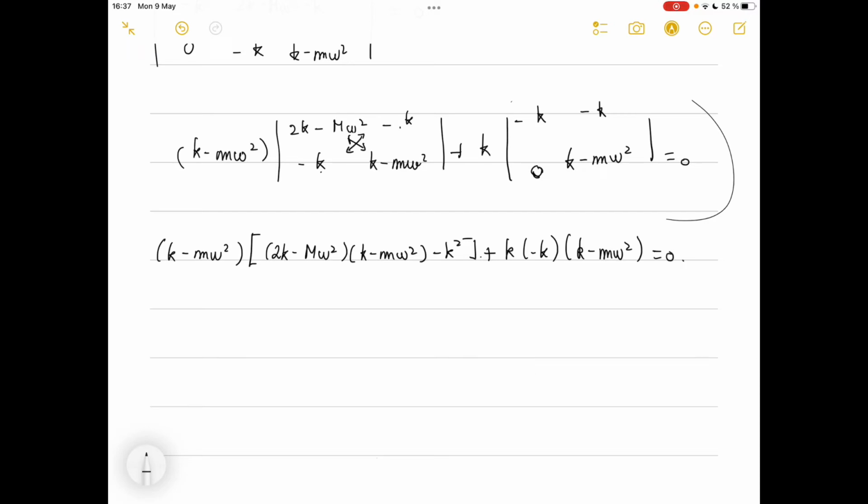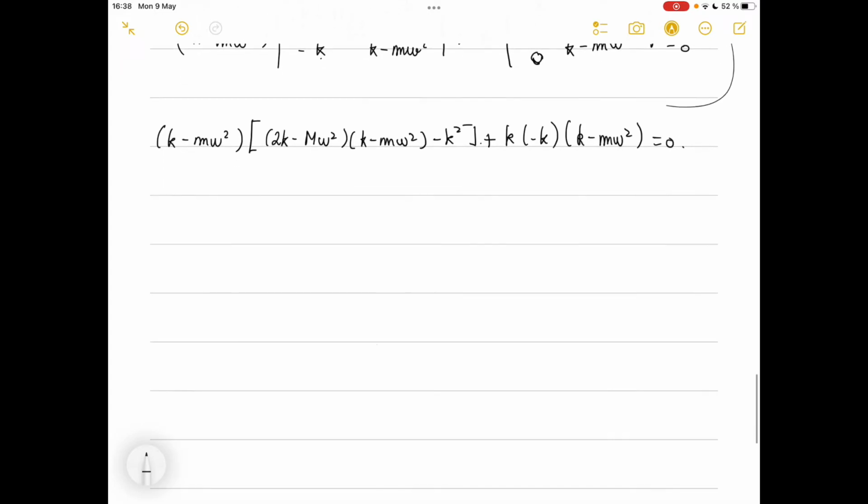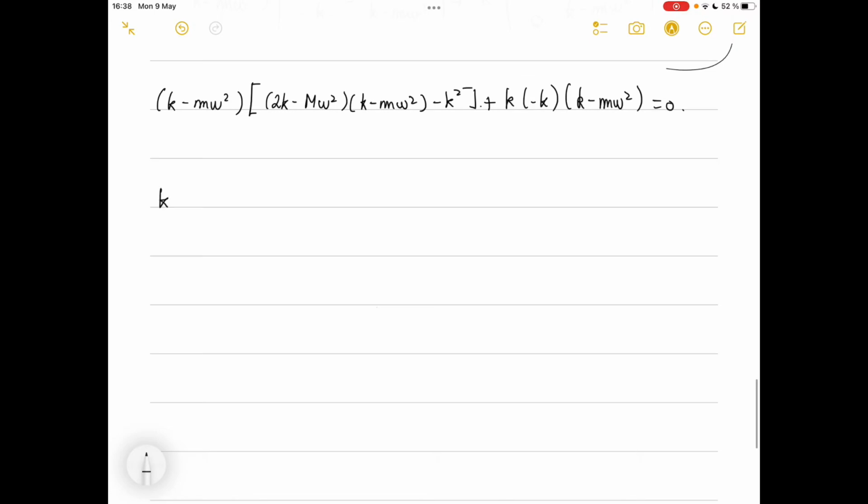So what we could do now is factor everything out by k minus m omega squared, and that would give us k minus m omega squared times 2k minus M omega squared times k minus m omega squared, minus 2k squared, because this would be minus k squared, minus 2k squared, sorry, equals 0.